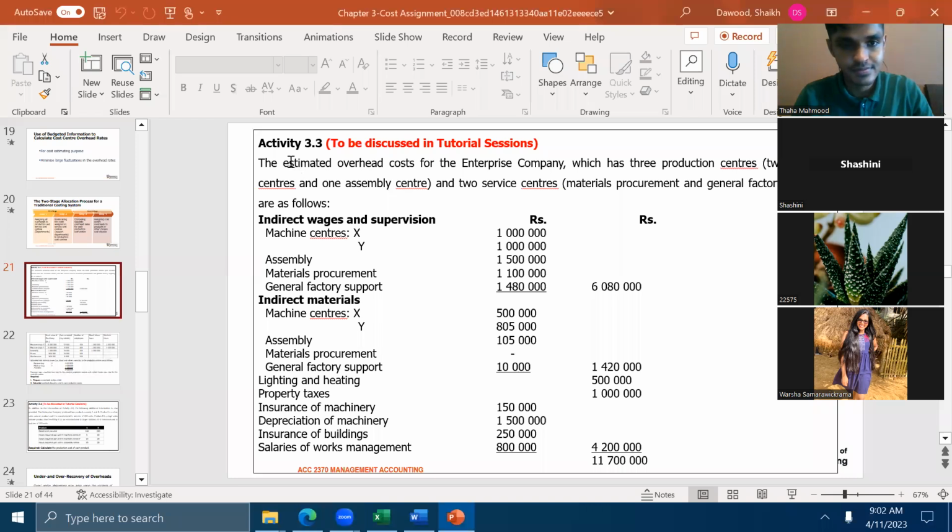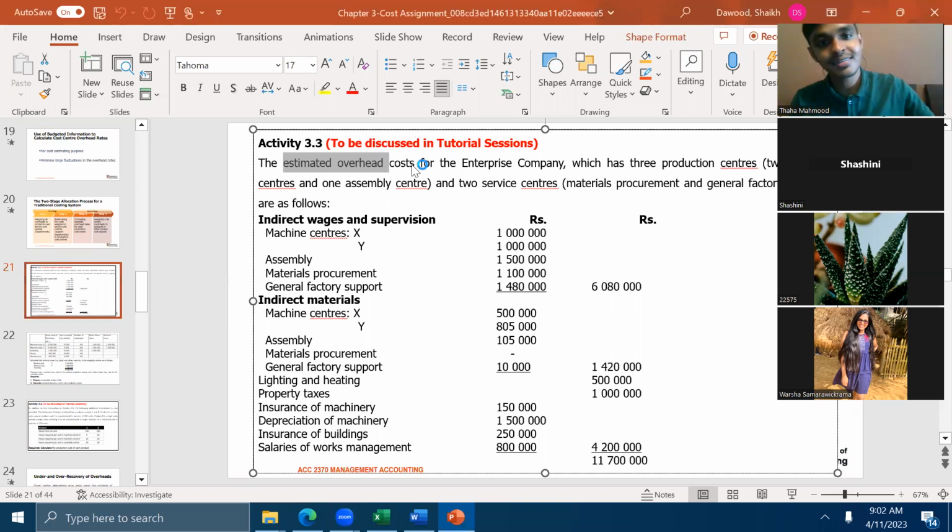Alright, let's start. So the first thing we have to divert our attention to is this part. It says estimated overhead cost.